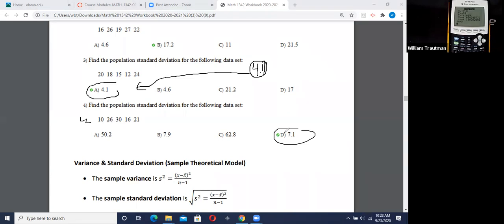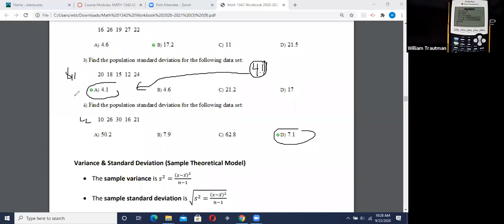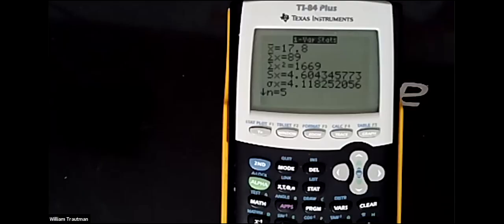By the way, did everybody get 4.1 for that number 3? You put this data into L1. Yes. Okay, good. And we're looking for this symbol right there, population standard deviation. So we're going to do the same thing, population standard deviation for this data, which was in L2.